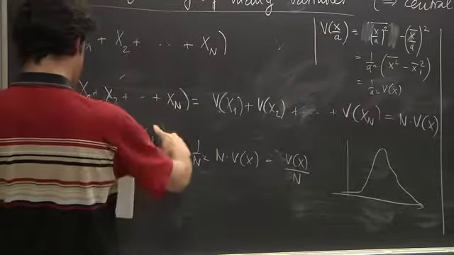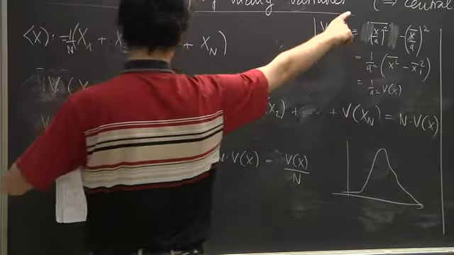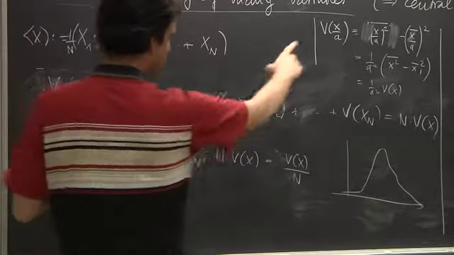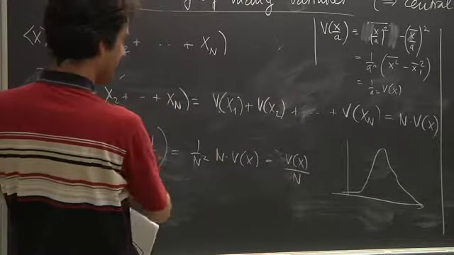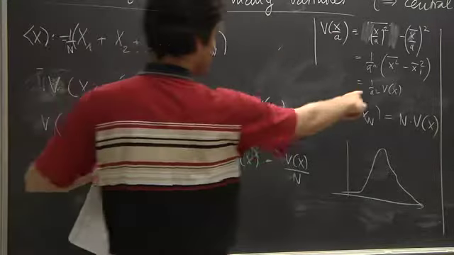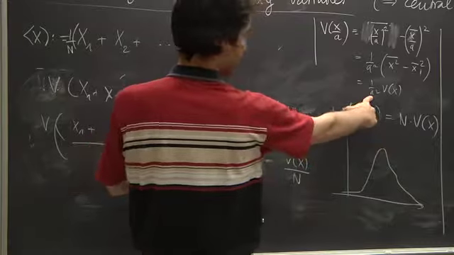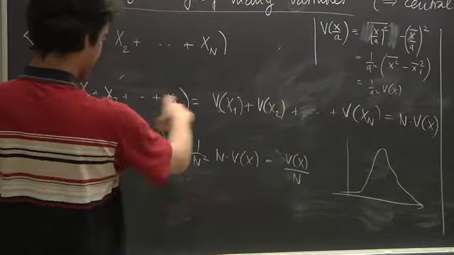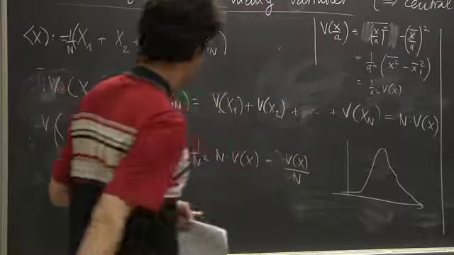So I have some object, which here I called x, which now is this sum. And I say the variance of the sum divided by a constant a, which here is n, is 1 over this constant squared times the variance of this object. And the variance of this object was this, right? Okay.